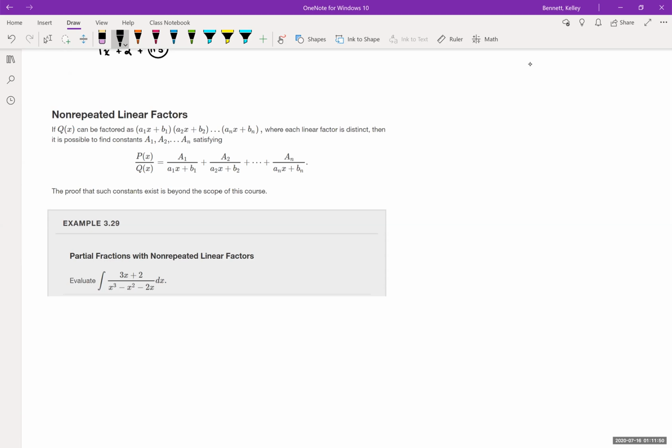The first thing you want to do is check that your denominator has a higher degree than your numerator. Check, done. The second thing you want to do is totally factor your denominator as much as you possibly can. Since this is cubic, I know there's some factoring that can be done. So the first thing I'll do is pull out that x.